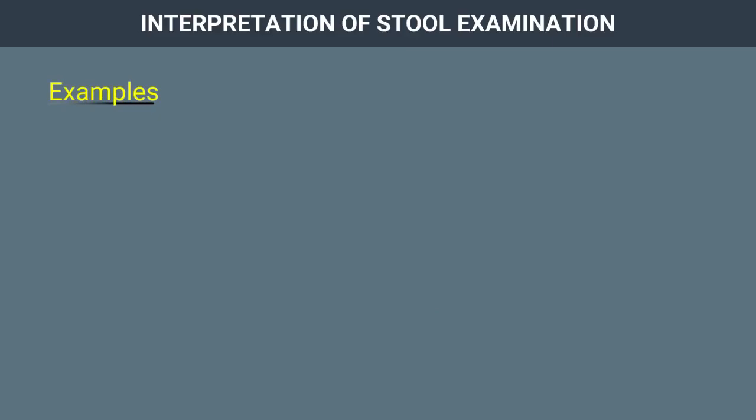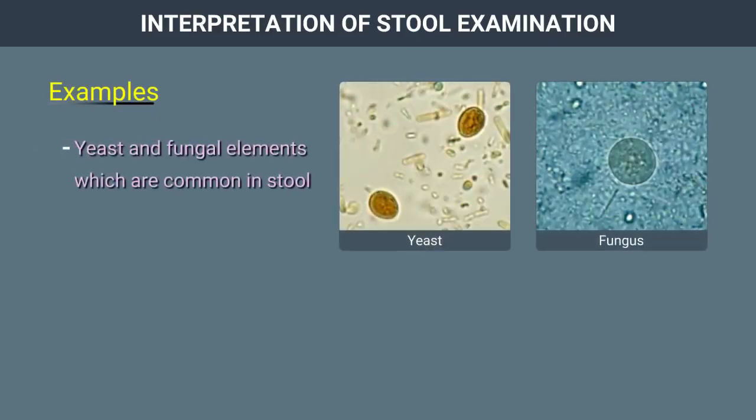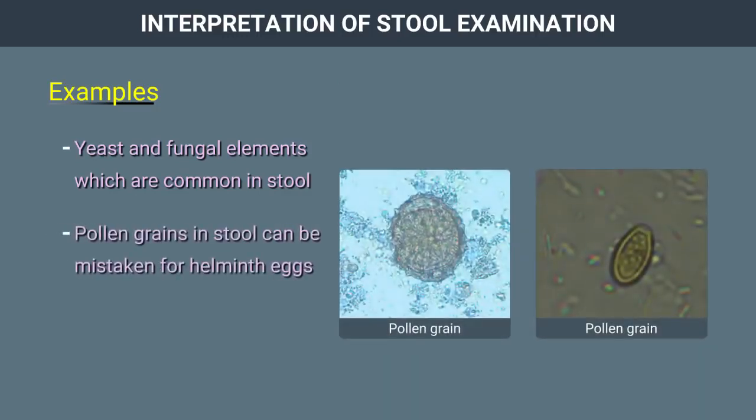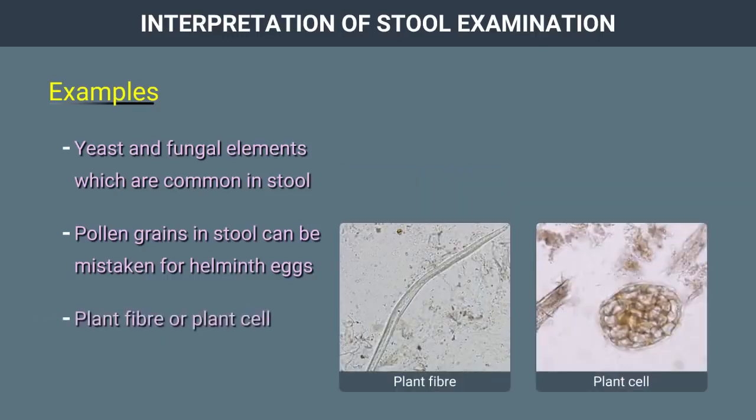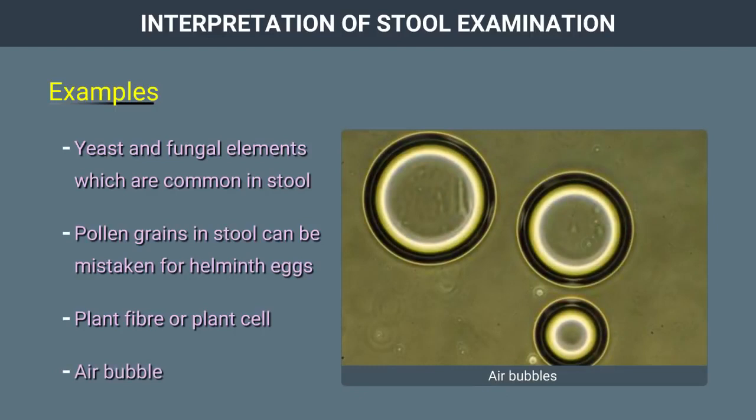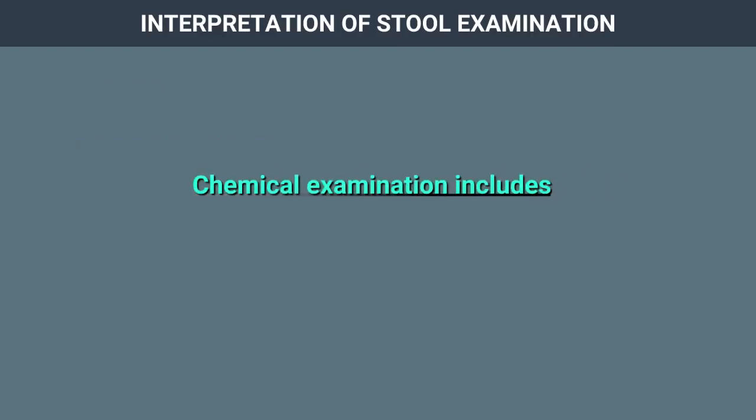For example, yeast and fungal elements which are common in stool, pollen grains in stool can also be mistaken for helminth eggs, plant fiber or plant cell, air bubbles, etc. Chemical examination of stool includes stool pH and reducing substances.